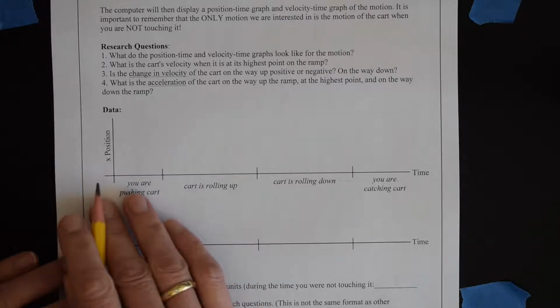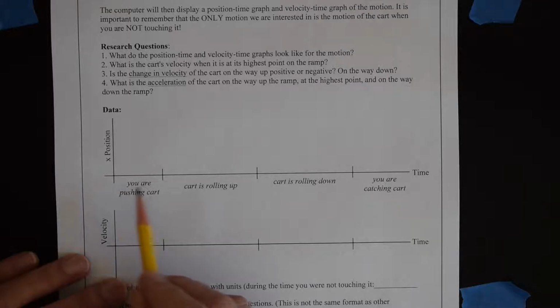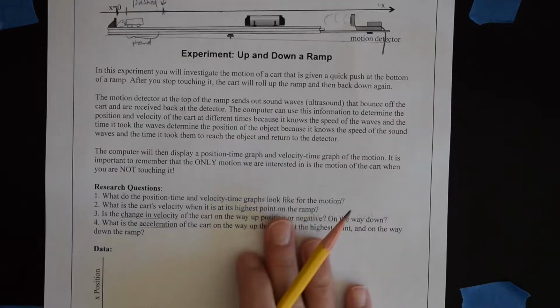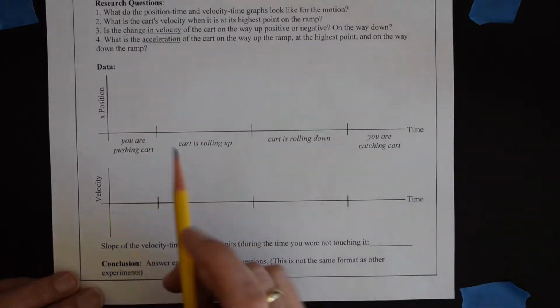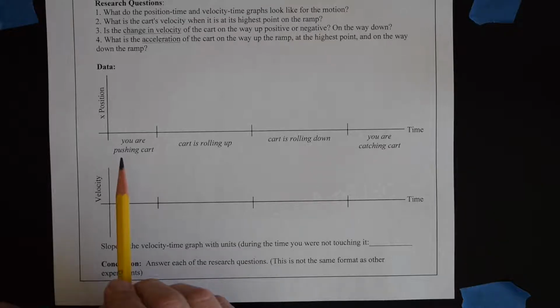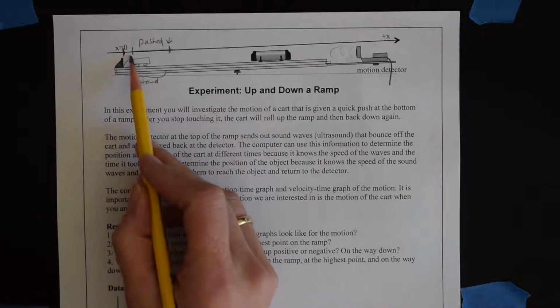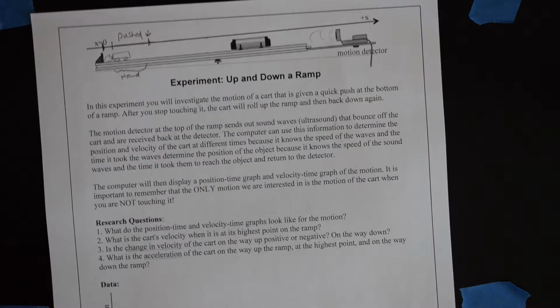Maybe actually what I would suggest you do is real lightly in pencil, sketch what you would expect these graphs to look like. So you already know what a position time graph looks like when something is speeding up in the positive direction. And that's what's happening here in this first segment.